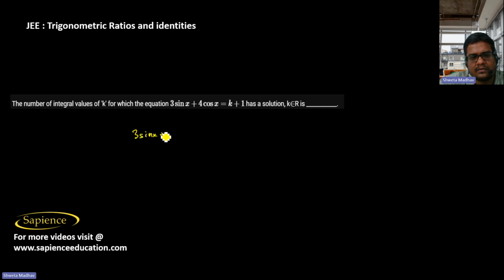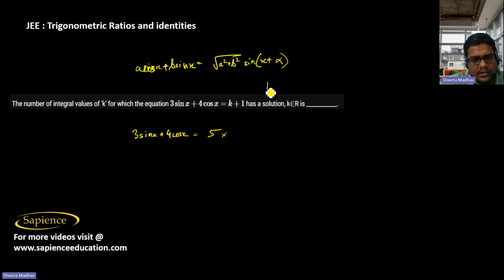So now 3 sin x plus 4 cos x can be written as 5 into, since we know that a sin x plus b cos x, or I can say a cos x plus b sin x, can be written as root over a square plus b square into sin(x plus alpha), where alpha is given as tan inverse of a by b.